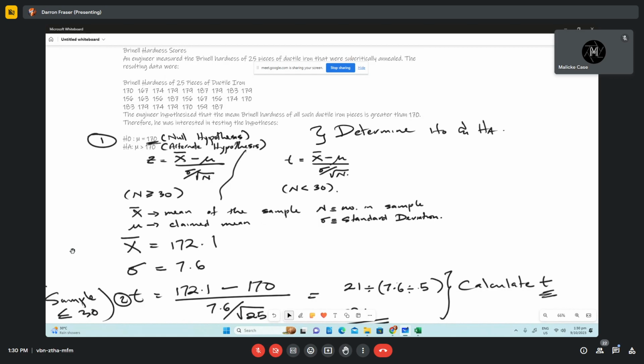Then we get the T table. Of course, you can get the T table online.